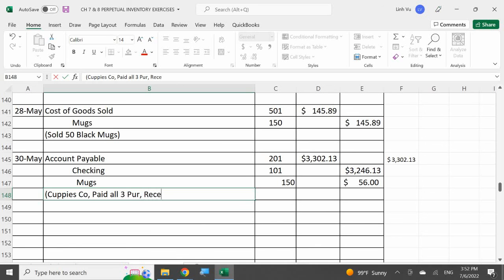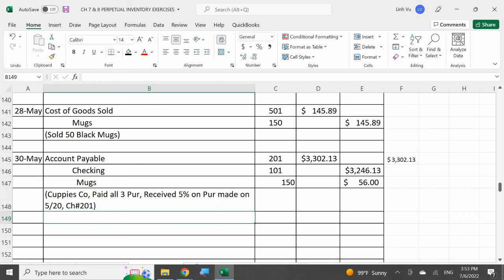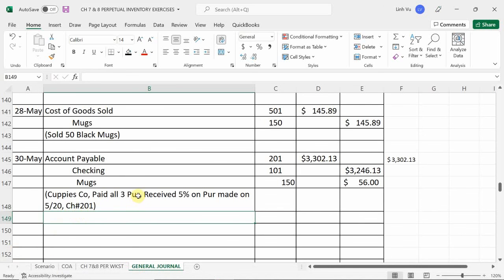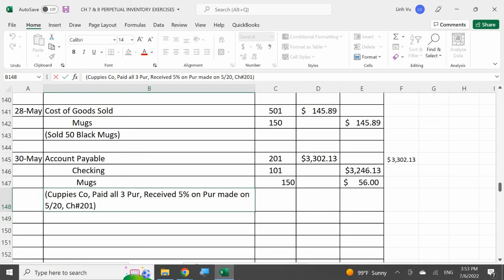Received 5% discount on purchase made on May 20th. And we wrote a check, which used check number 201. So here you go. You made a payment to all 3 purchases. You could even add all 3 purchases.